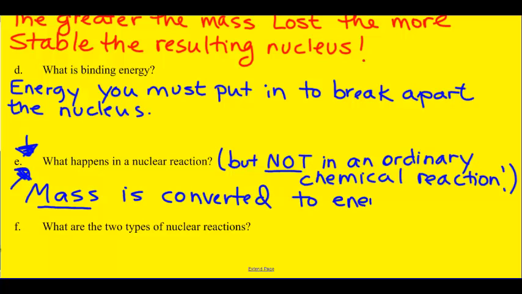And I don't know if you remember, but we learned in our very first unit a law of conservation of mass. We said mass cannot be created nor destroyed. That's wrong. It can be destroyed. It can be converted into energy.